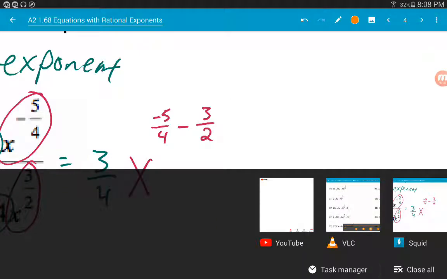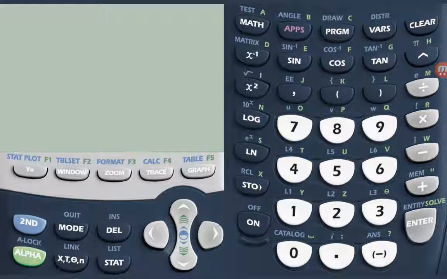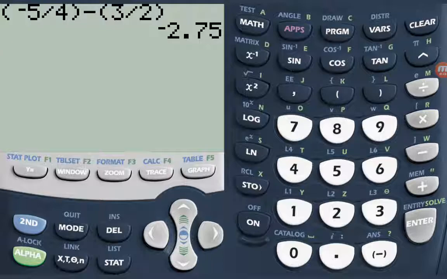Negative 5/4 minus 3/2 can be fixed in the calculator like this. Negative 5/4 in parentheses minus 3 over 2. Enter. It gives me an ugly decimal.